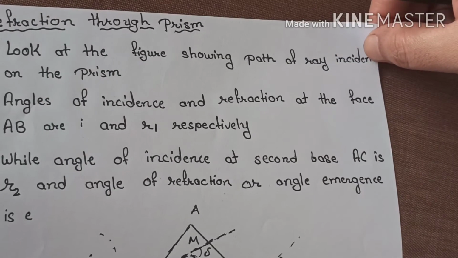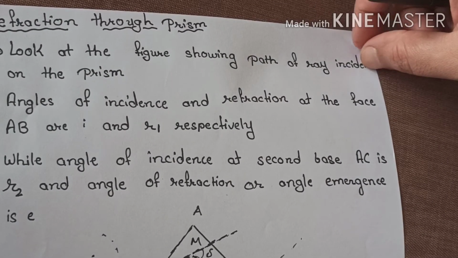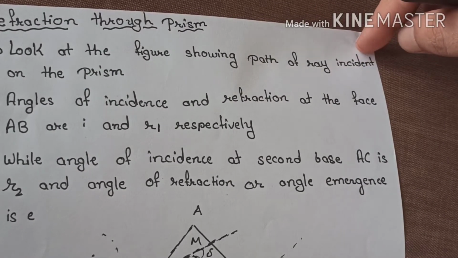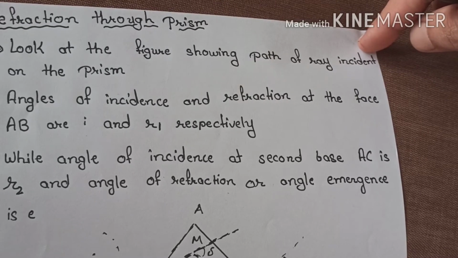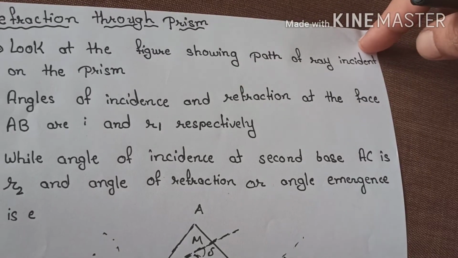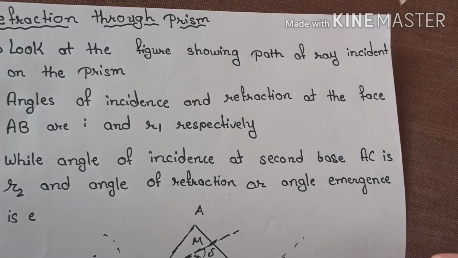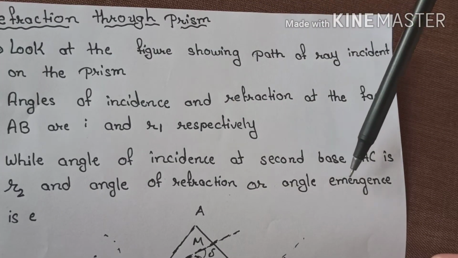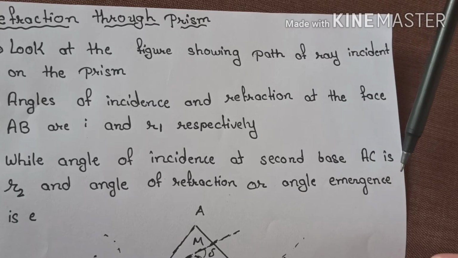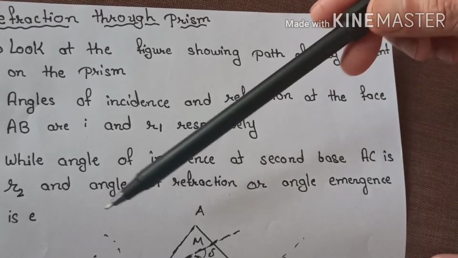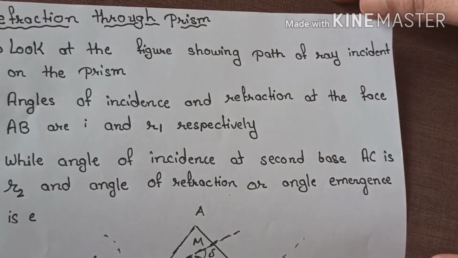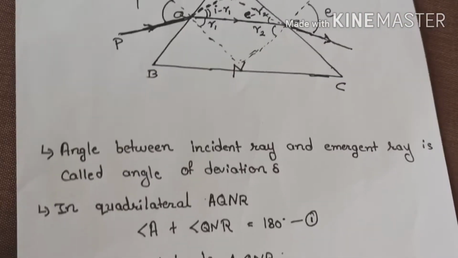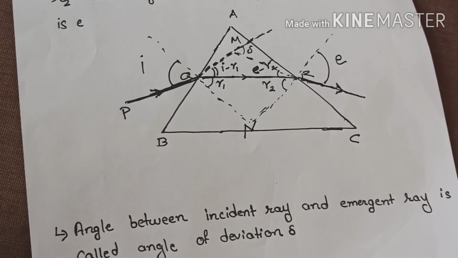Now here, this I is the incident angle, R1 is the angle of refraction, R2 is the angle of refraction at the other face AC, and E is the angle of emergence. Now look at the figure carefully.